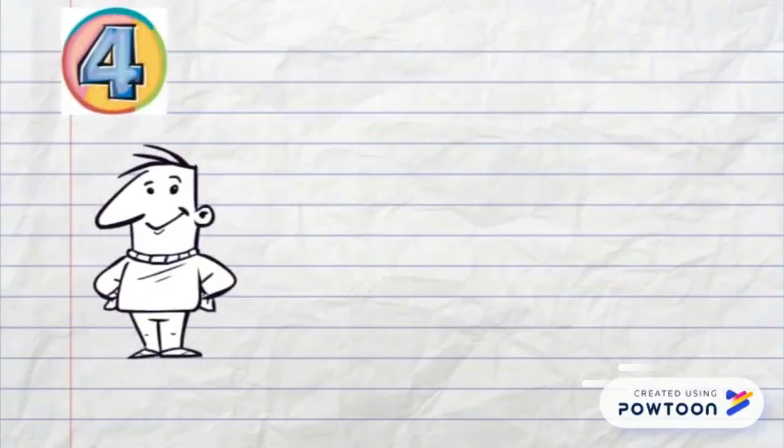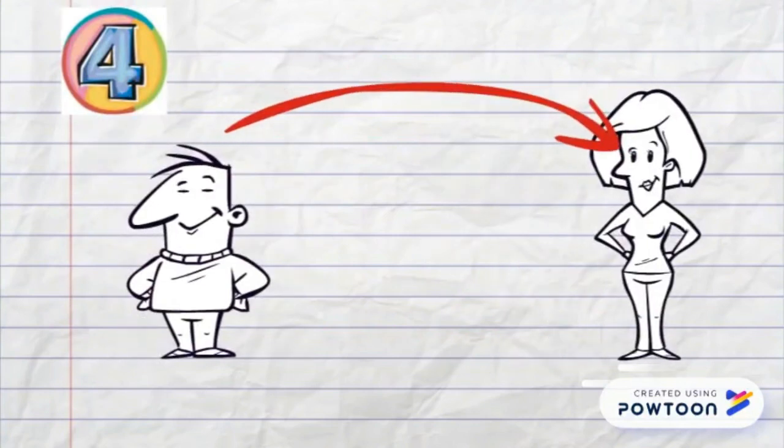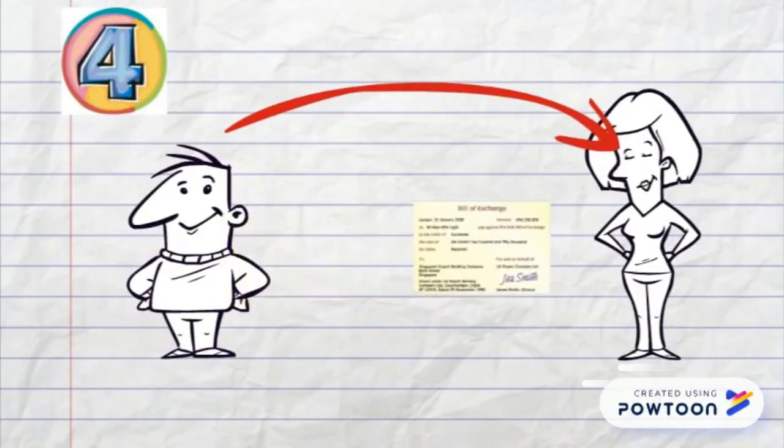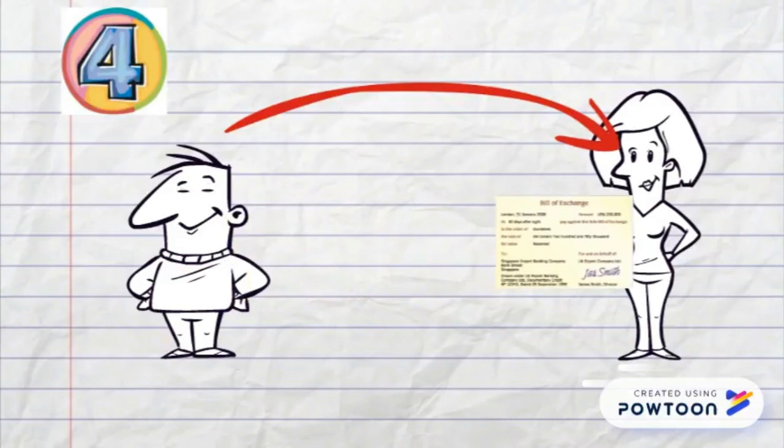The fourth, a bill of exchange is transferable, so the drawee may find itself paying an entirely different party than it initially agreed to pay. The payee can transfer the bill to another party by endorsing the back of the document.